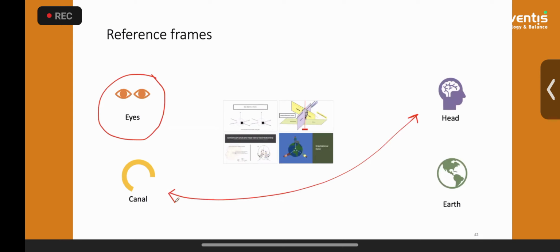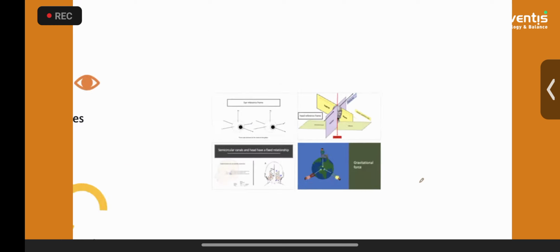The semicircular canals are fixed into it, they move along with the head. So both these frames are equal, like semicircular canal frame and the head frame are same. And the earth reference frame, the nystagmus can be even labeled based on earth reference frame in some setting, not in every setting we should label it as in the earth reference frame.